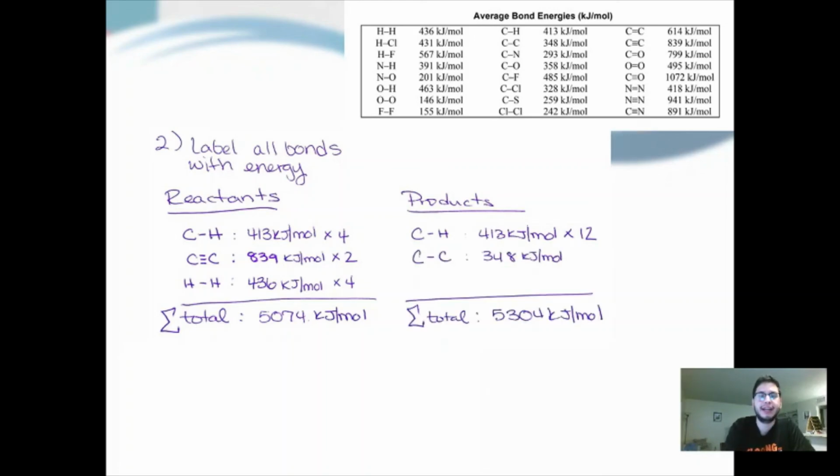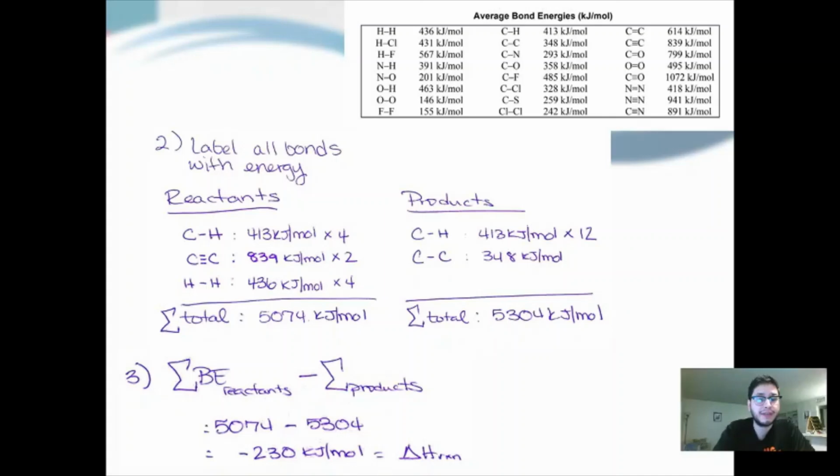Another bond that I have is that CC bond, but this CC bond is single. So I'm going to use this CC bond that has a value of 348 kilojoules. If I add all of the CH bond energies and the CC bond energy, then that gives me a total of 5,304 kilojoules.